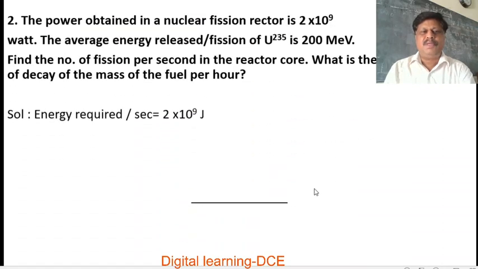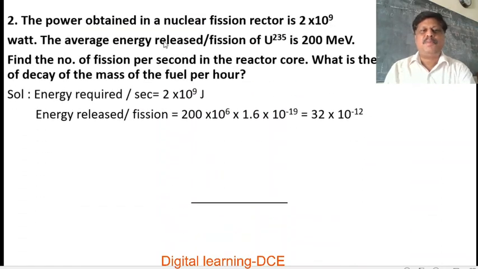The second problem is that the power obtained in a nuclear fission reactor is 2 into 10 power 9 watt. The average energy released per fission of uranium 235 is 200 MeV. Find the number of fission per second in the reactor core. What is the rate of decay of the mass of the fuel per hour?